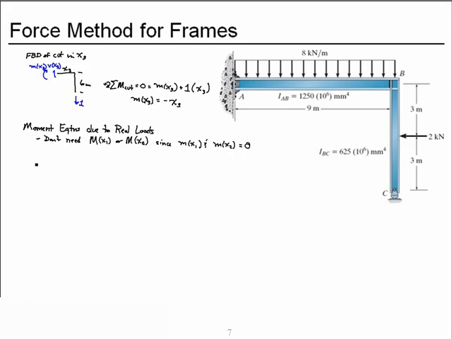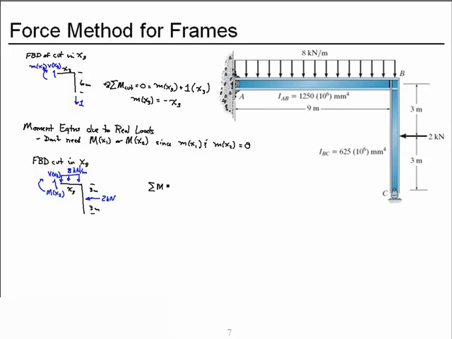So I need only consider a free body diagram cut in the range of x3, much like we did before. 3 meters, 3 meters, x3 long. We have our concentrated force of 2 kilonewtons, our uniform distributed load of 8 kilonewtons per meter, our unknown shear as a function of x3, and our unknown moment as a function of x3.